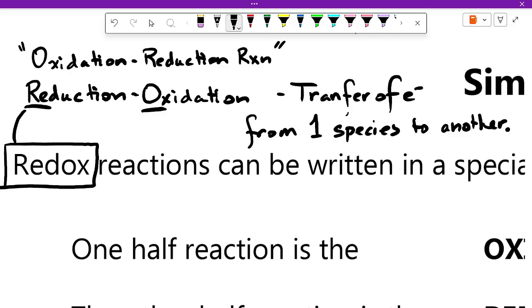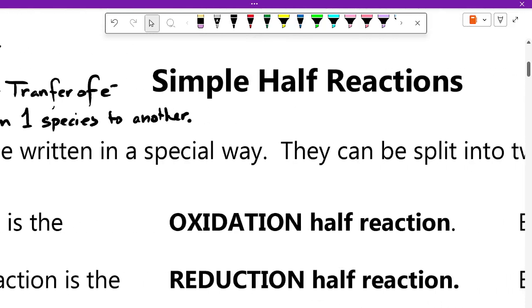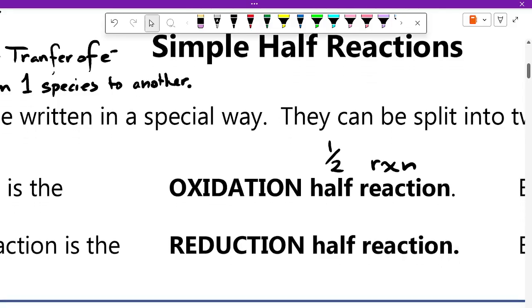So instead of having an oxidation reduction reaction, we'll have an oxidation half reaction and a reduction half reaction. So one half of that is the oxidation half reaction, and the reduction half reaction is there.